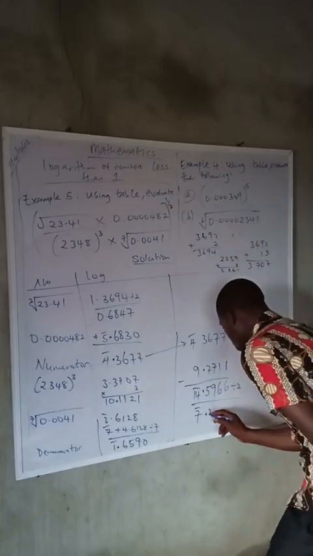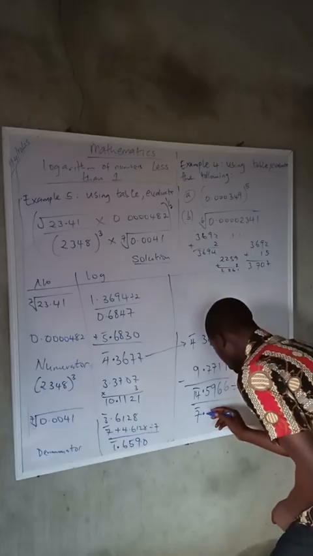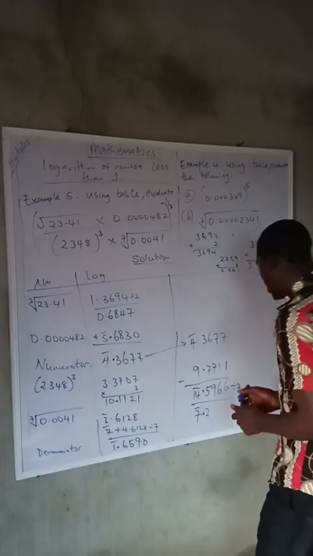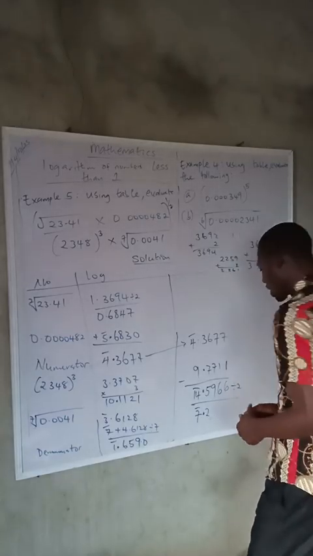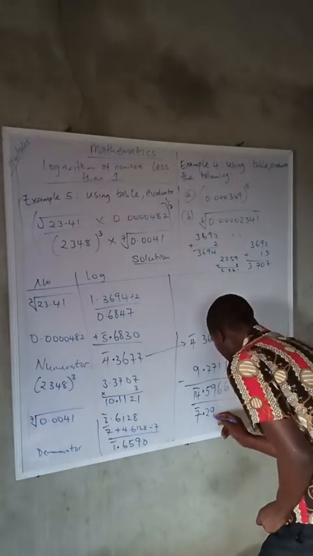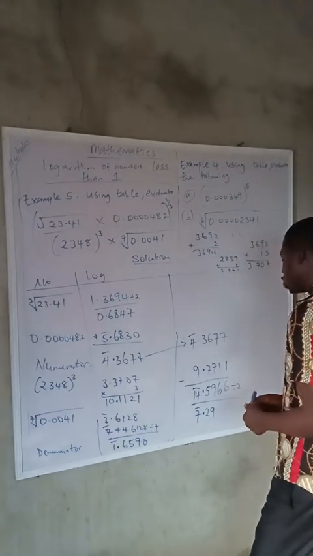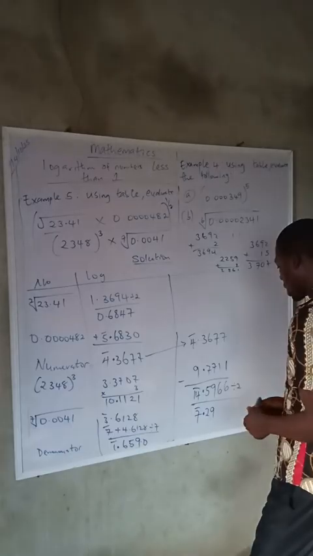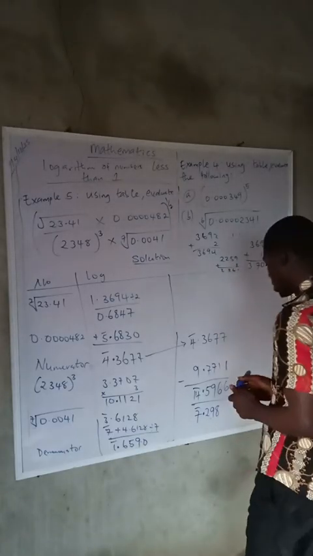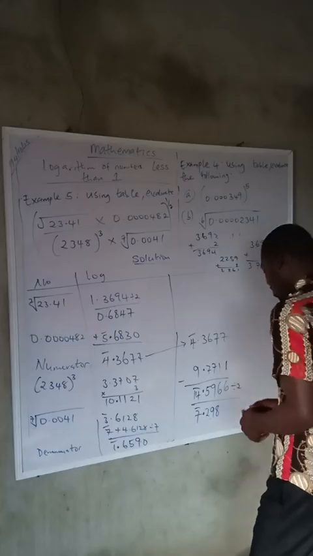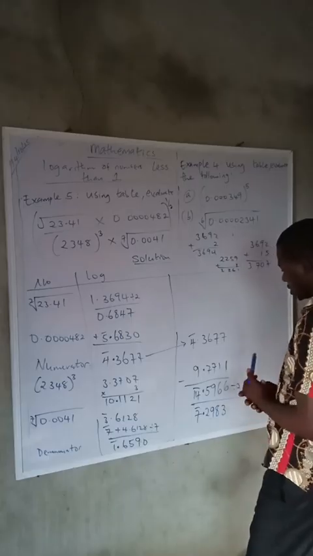That's 2, and you have 1 remaining. Put the 1 in front of 9, you have 19. How many 2 in 19? That's 9, remainder 1. Put the 1 in front of 6, you have 16. How many 2 can you have in 16? That's 8, no remainder. How many 2 can you have in 6? That's 3. And we've been able to divide this.